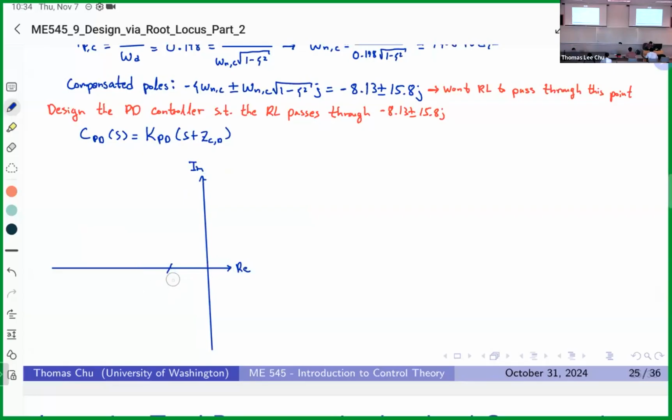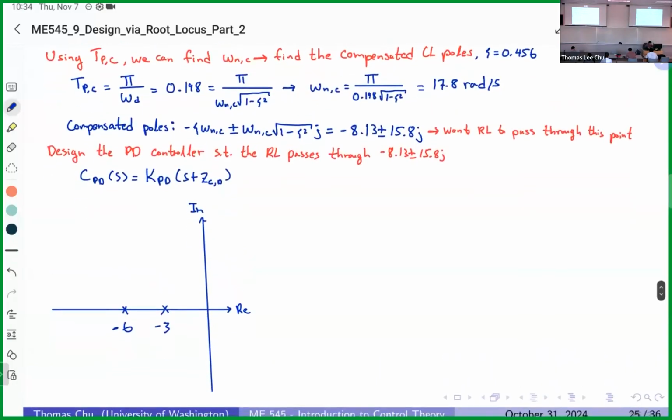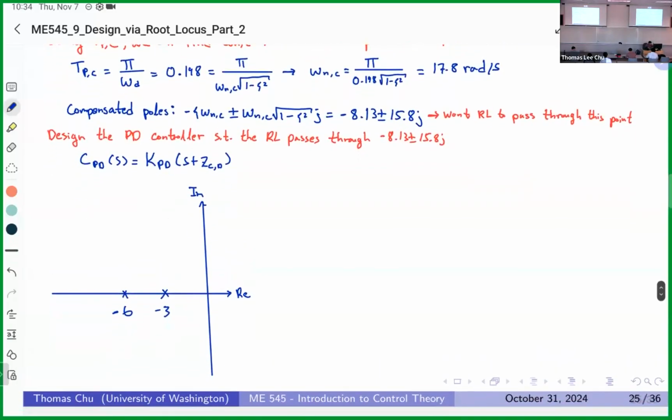Let me draw this a little bit more spaced apart. It's a little cramped here.